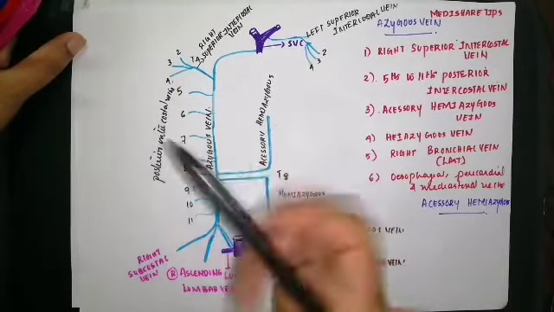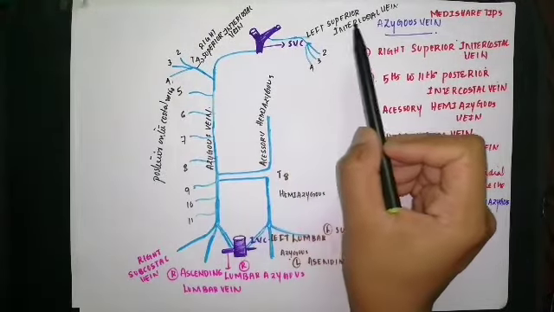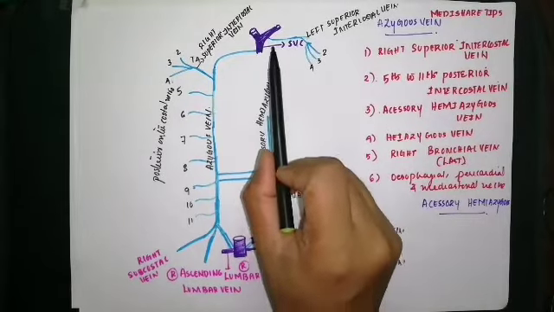So unlike the right side, the left superior intercostal vein is draining into the left brachiocephalic vein.